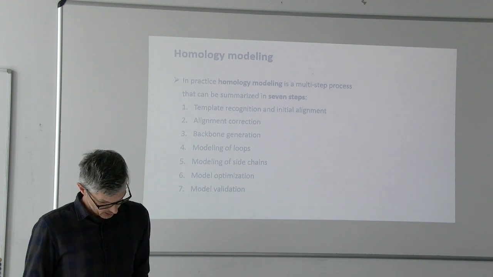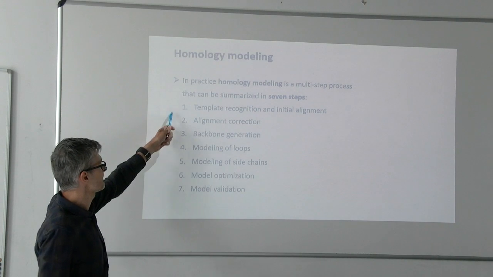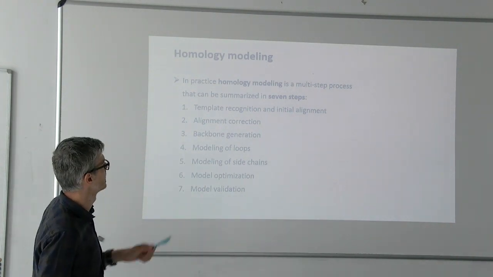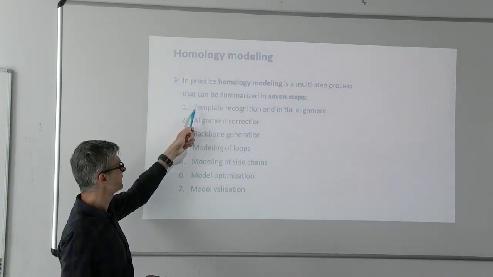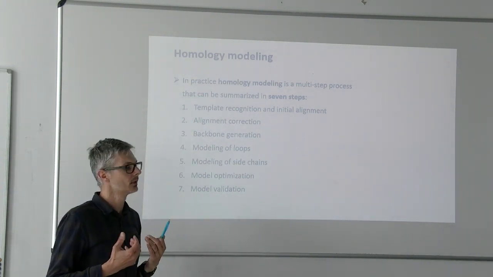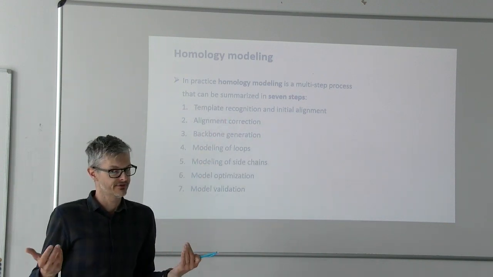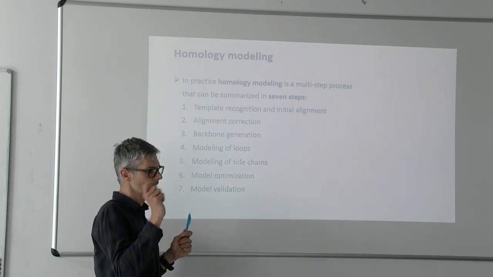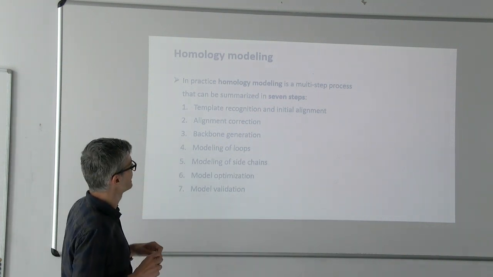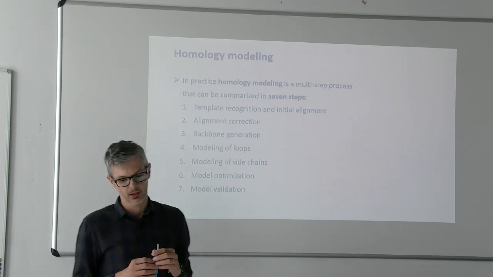Then how does homology modeling work? Which steps? There are 7 steps in total, and this is just the first one that I discussed now. You have to find which structures you can use. This is what we call template recognition, and a simple BLAST is the first thing you would do. Go to the PDB website or NCBI BLAST, choose the PDB database, and look if there is structural information available.